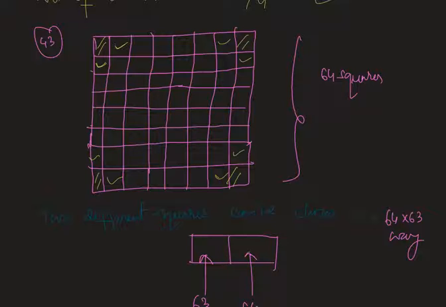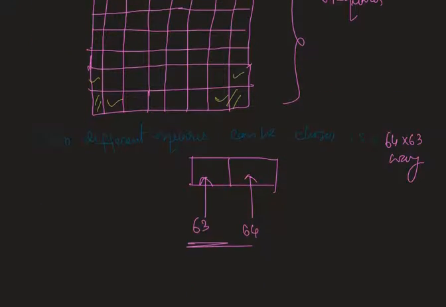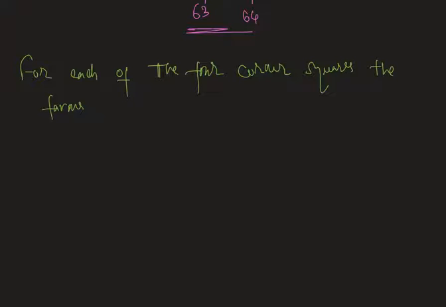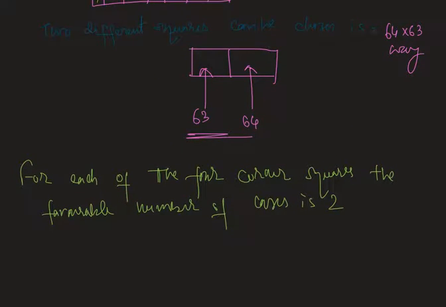So for each of the four corner squares, the favorable number of cases is 2.